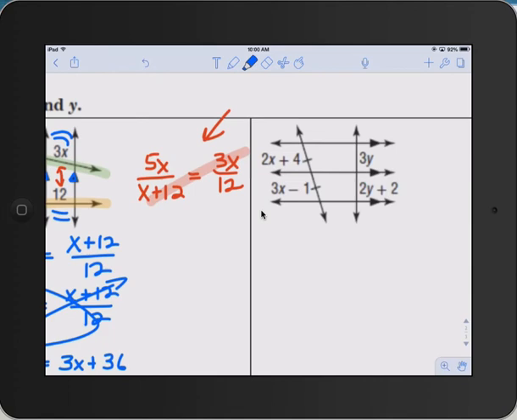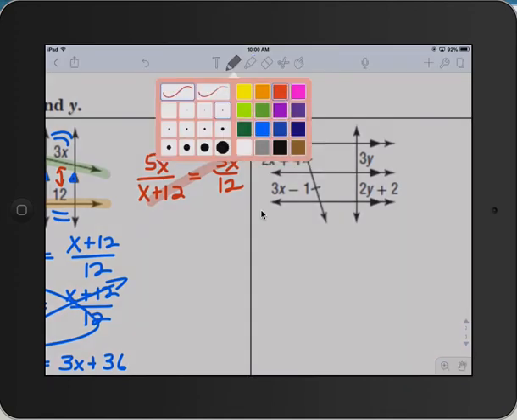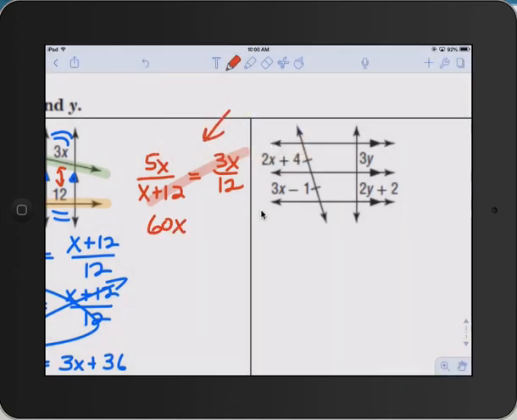If you solved this one, it would go 60x. Oh wait, actually, I was going to simplify, I forgot. Let's go ahead and simplify this and make it 5x over x plus 12. Remember, you cannot divide those x's out because you would be ignoring that term right there. But you can divide the 3 and the 12 and make it x over 4.